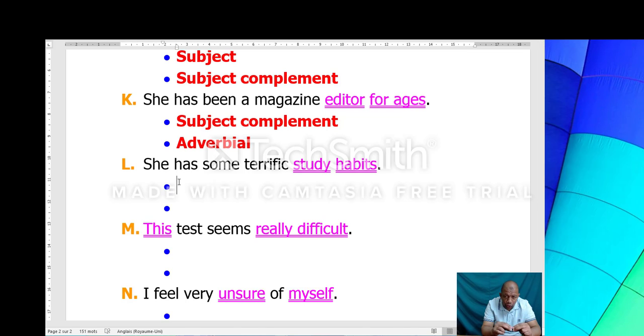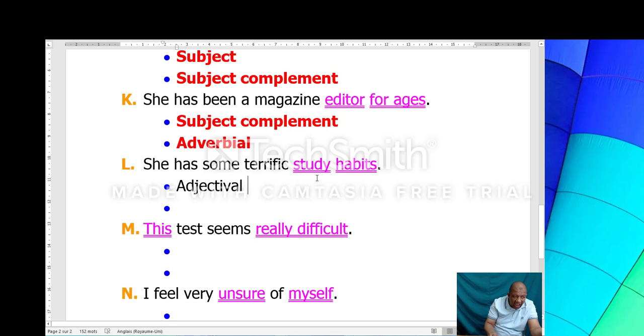Whenever we have two nouns which are successive, one after the other, the first noun becomes adjectival in function. So study, adjectival. Habits, this is the verb to have. So habits is direct object.